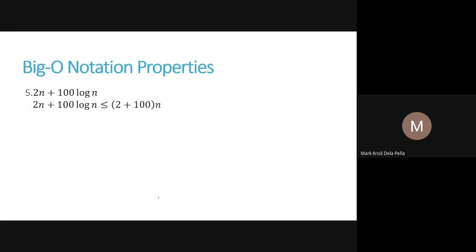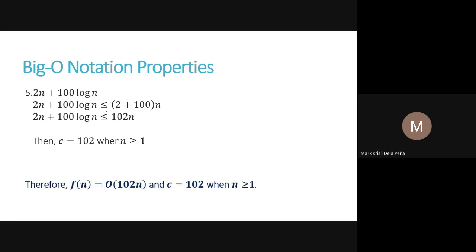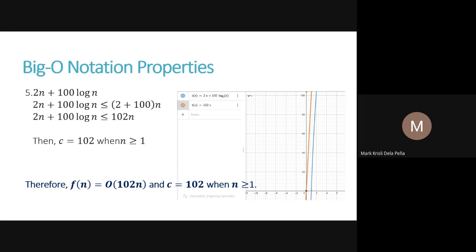Another case is that we cannot get an n sub 0 which is equal to 1, because when n is equal to 1, you take a look at this, our f of n becomes 0.